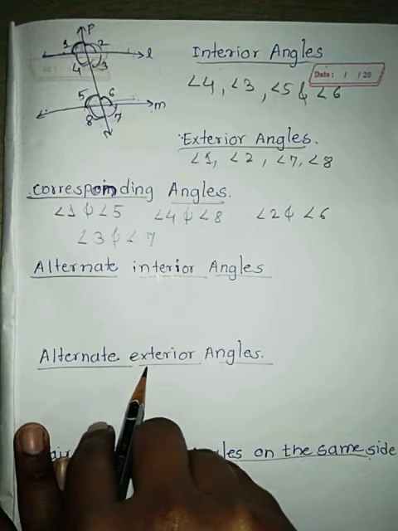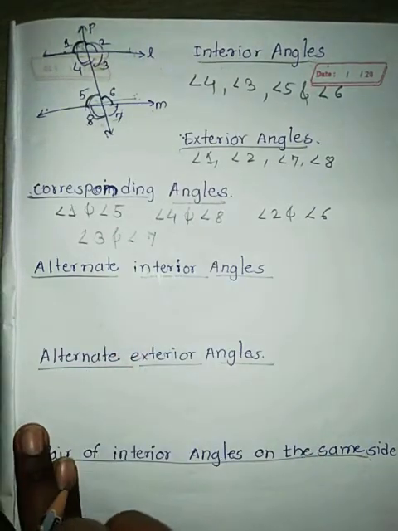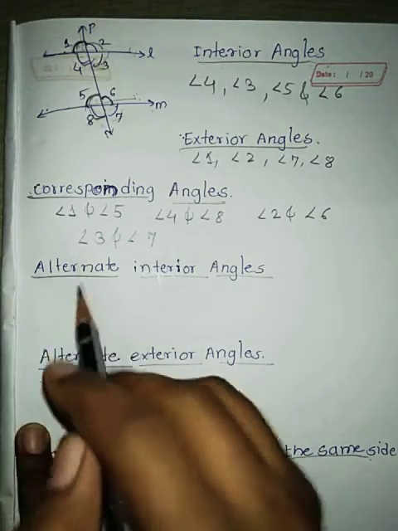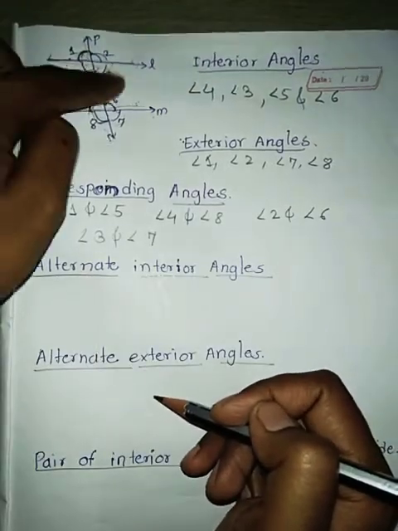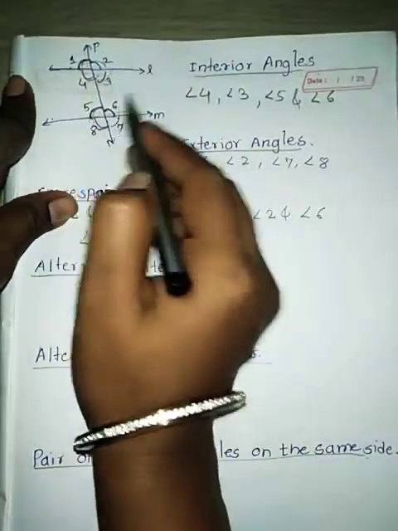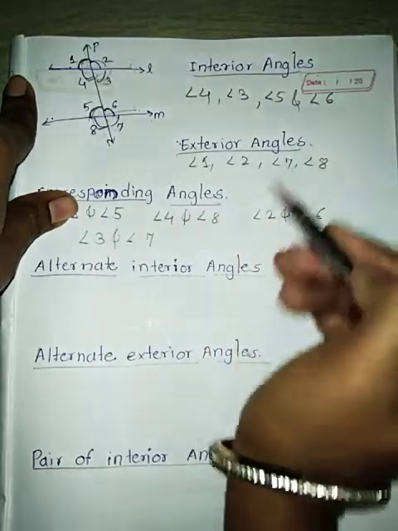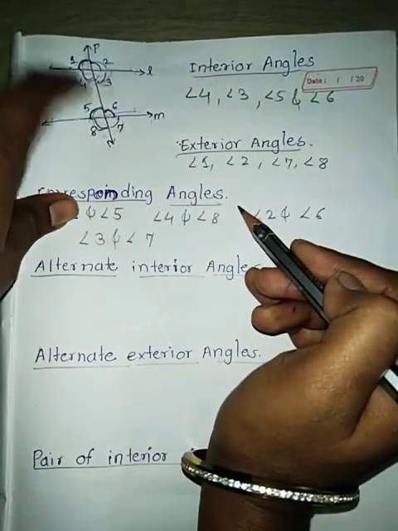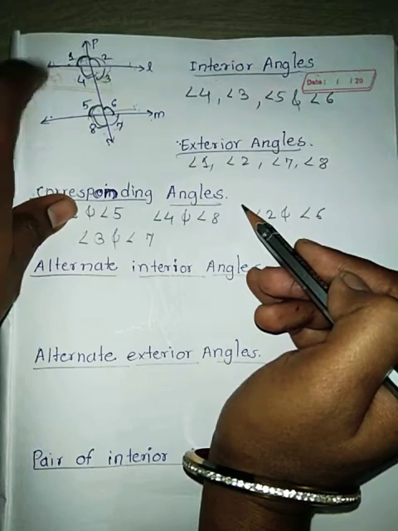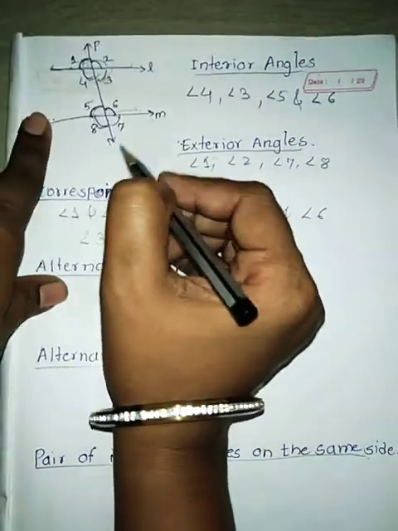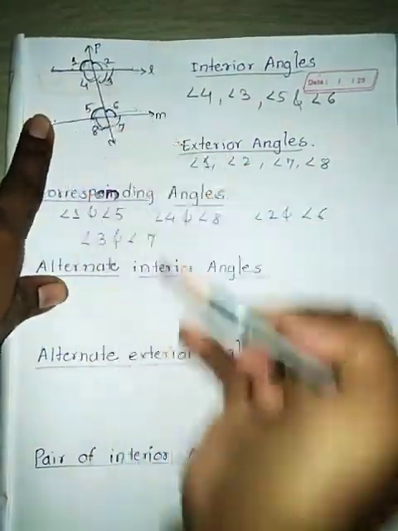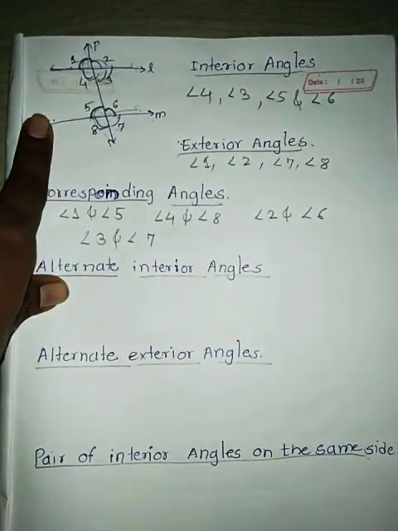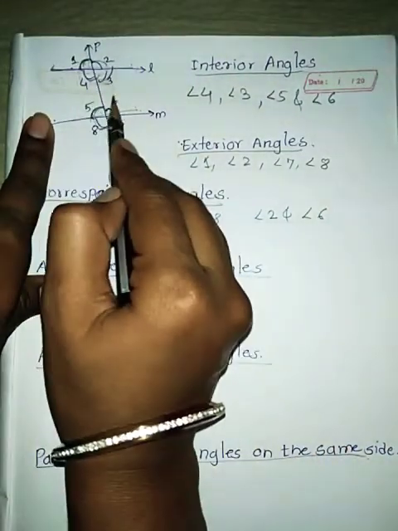Now the next thing, alternate interior angles. These four are interior angles: 4, 3, 5 and 6. From those interior angles, we have to take alternate angles. Alternate angles means what? See here, 3 and 5, and 4 and 6.